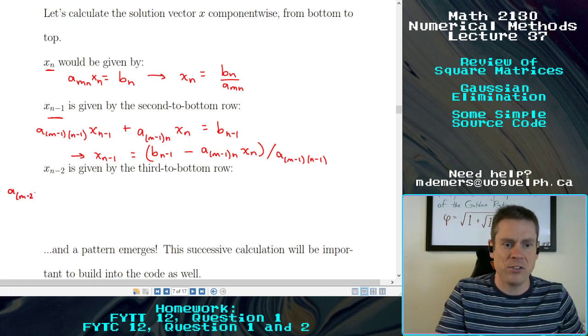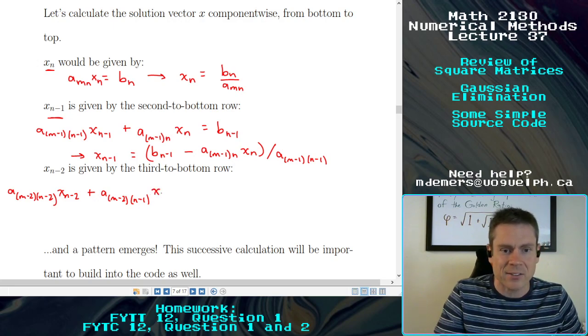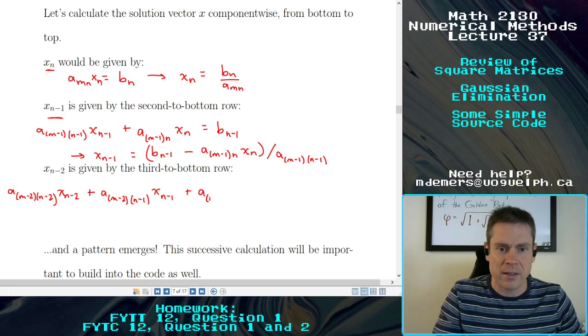a(m-2),(n-2), so the next diagonal up, times xn minus 2, plus a(m-2),(n-1), again moving over one column, times xn minus 1. And then on the right, we get a(m-2),n times xn.